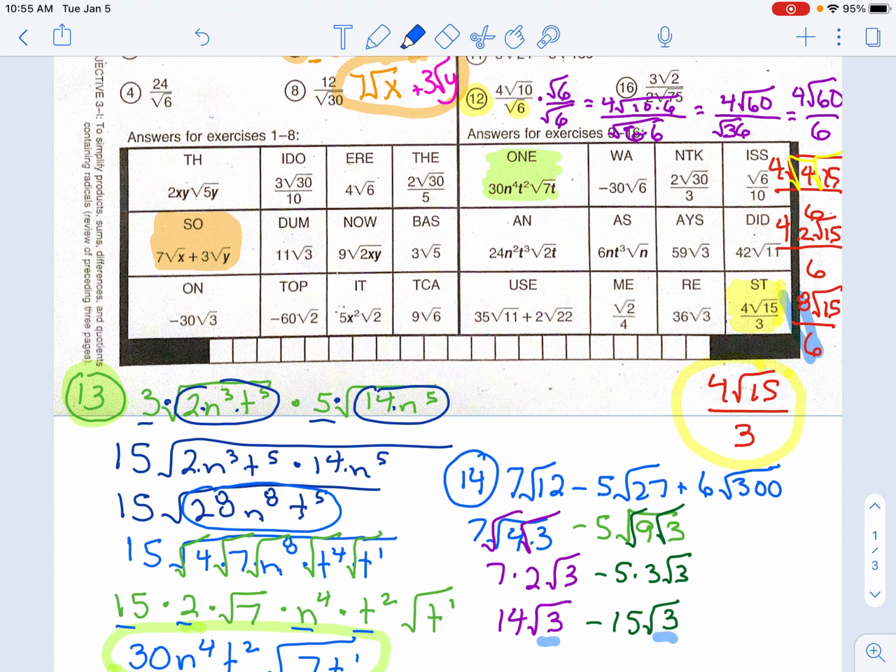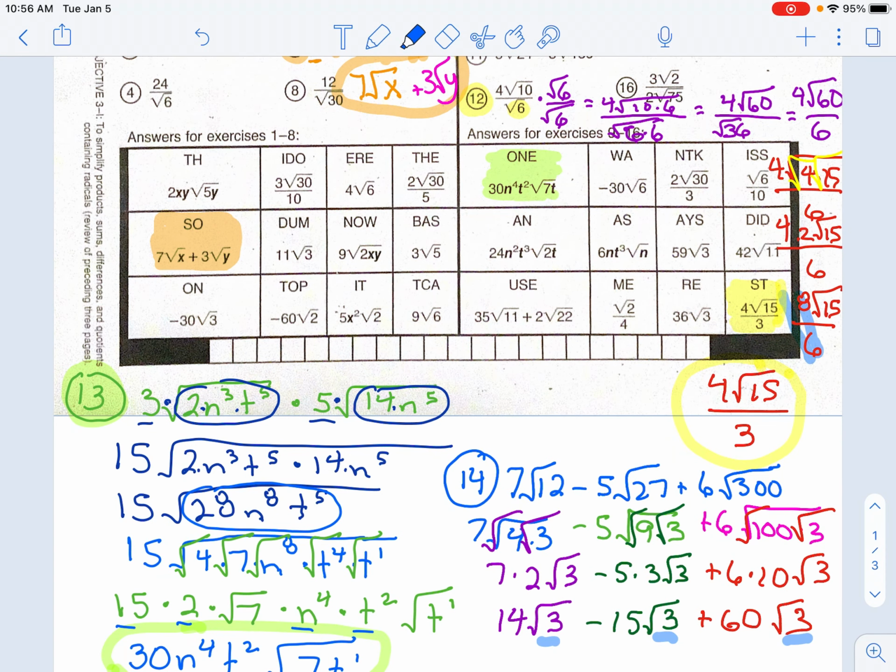But let's go ahead and finish up this last piece because there's also a perfect square that goes into 300. 100 is a perfect square, and 100 times 3 is 300. So now I give each their own radical symbol, and this becomes 6 times 10 times the square root of 3, or 60 square root of 3.